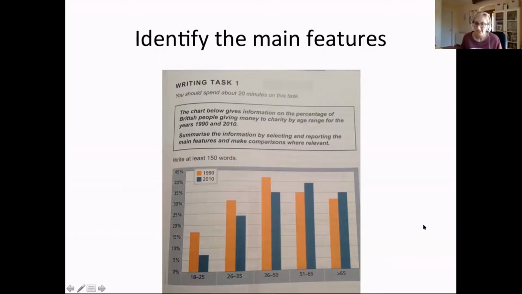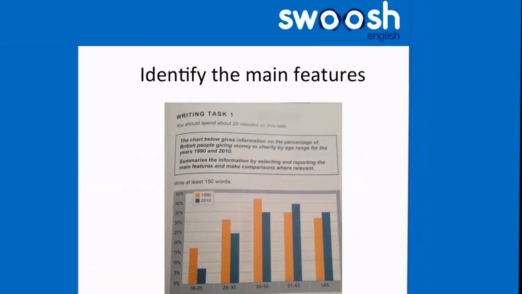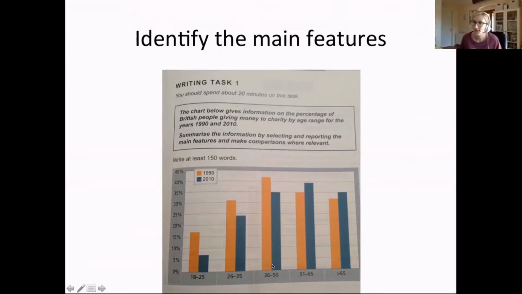What about the highest in 2010? Ages 51 to 65. Yeah, so you can see how it's changed over the years. And in the last few years, 2010, it looks as though the older age groups are donating more money than the younger age groups.